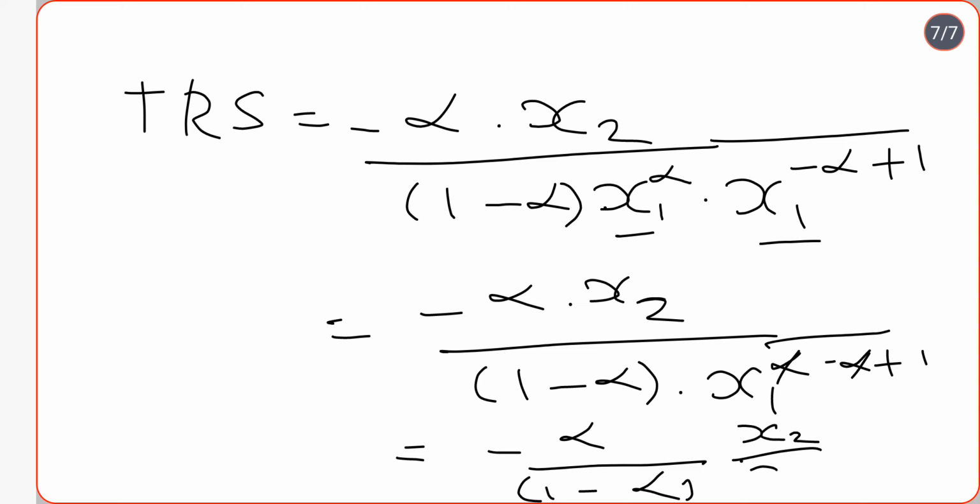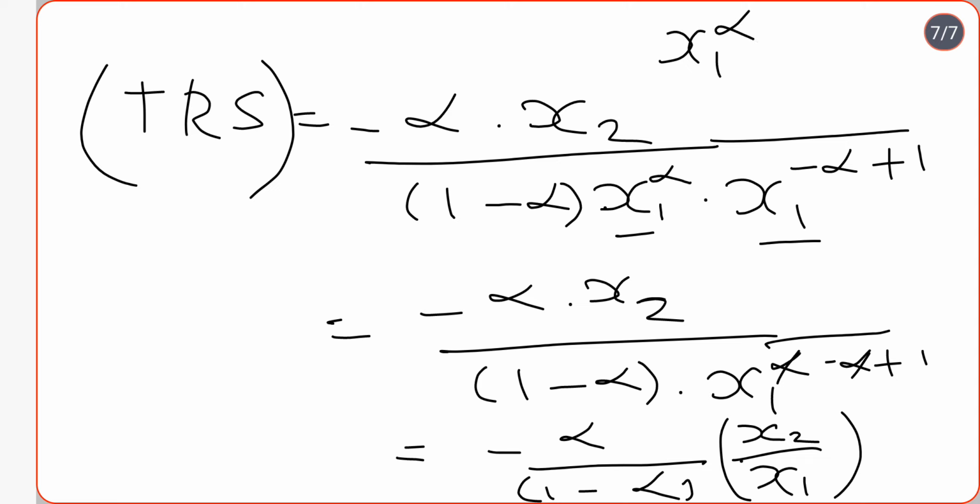x2 by x1. So this is basically the Cobb-Douglas TRS, the technical rate of substitution for a Cobb-Douglas function. That means the function should be in the form of x1 to the power alpha into x2 to the power 1 minus alpha.